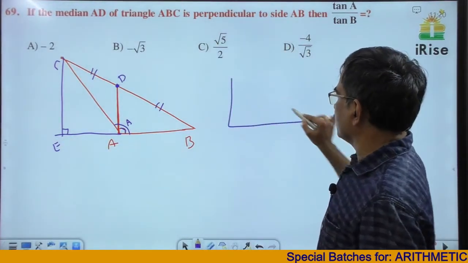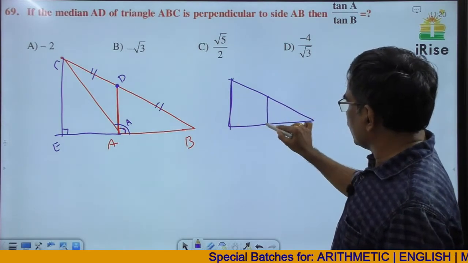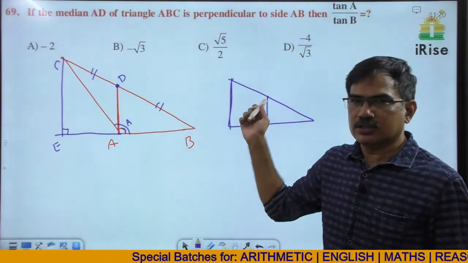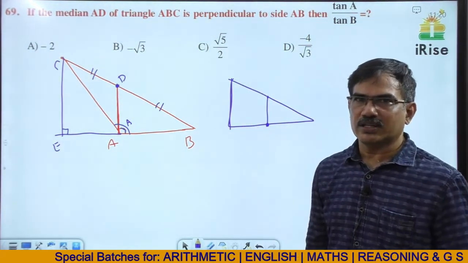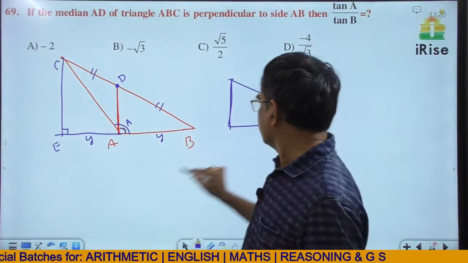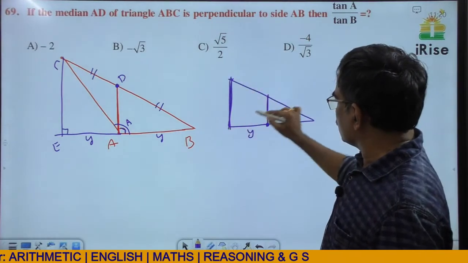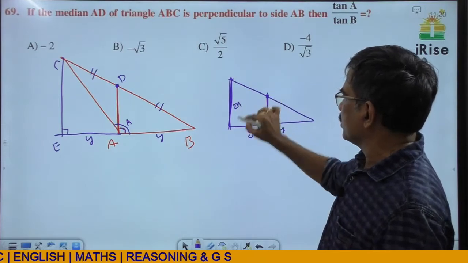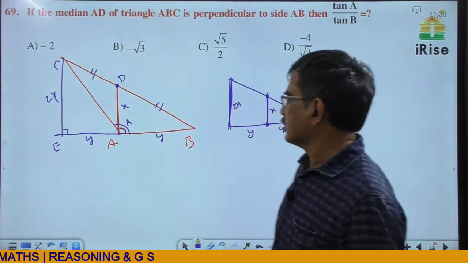In a triangle like this, if this is the midpoint and we draw a parallel line, it automatically passes through the midpoint of the third side. A line segment joining the midpoint of one side, parallel to the second side, passes through the midpoint of the third side. Therefore, if this is Y, this is also Y. And this line is parallel to this line, and this is nothing but the line joining the midpoints. So if this is X, then this becomes 2X.